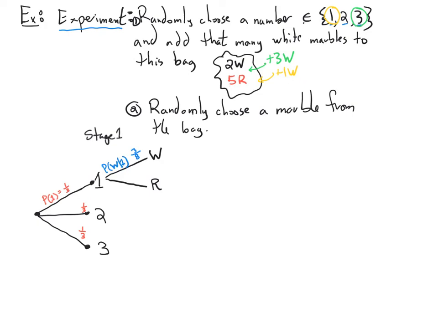Similarly, the probability of getting a red marble, given that you rolled a 1, is 5 out of 8. Let's continue on for the other 2, white and red. Okay, so now, if I roll a 2, maybe I'll do this one in blue up here.